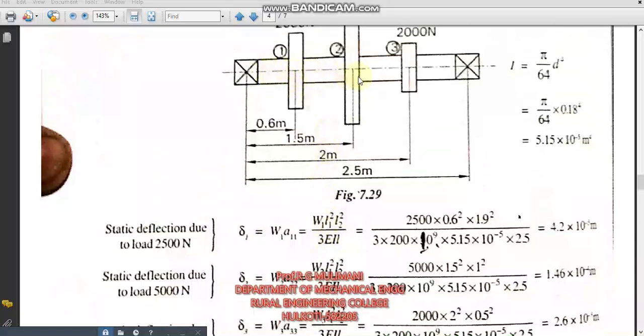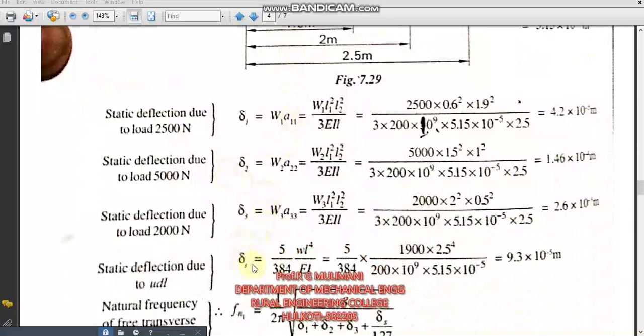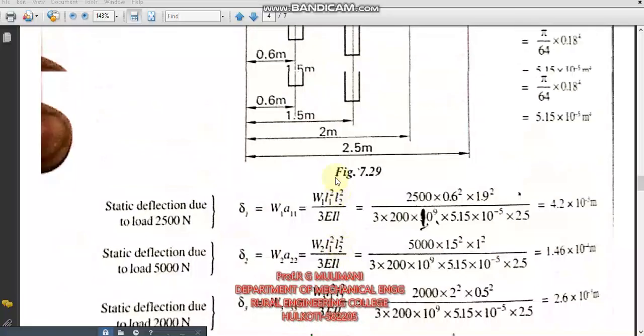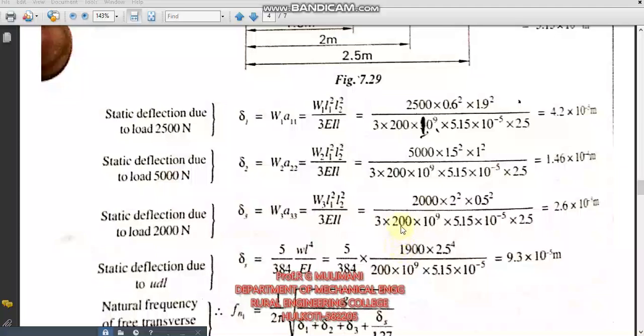To find the deflection due to this weight, which is uniformly distributed throughout the length, you find delta S, one more deflection due to UDL: 5 divided by 384, WL raised to 4 divided by EI, where W is the intensity of loading, that is 1900 Newton per meter.